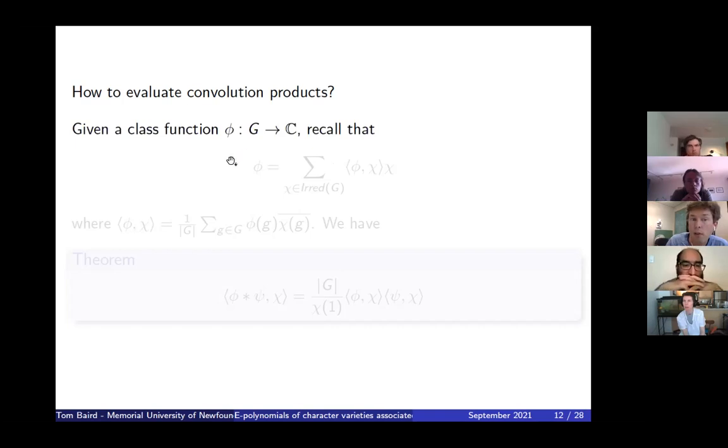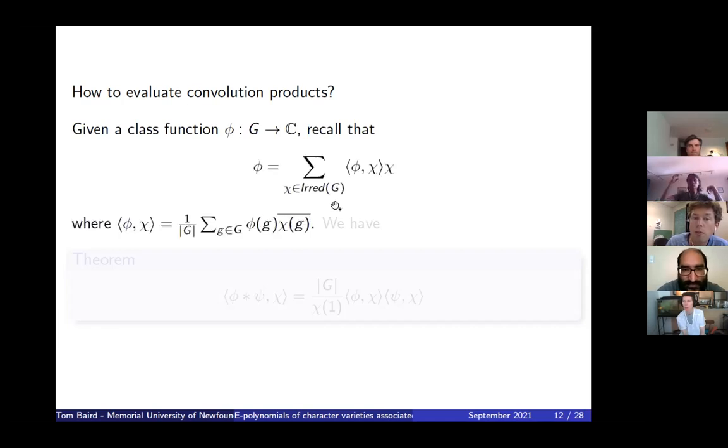If I have a class function on a finite group, if you remember character theory, the irreducible characters of the finite group form an orthonormal basis for the space of class functions. So any class function can be uniquely expressed as a linear combination of irreducible characters, and it's orthogonal with respect to this inner product.